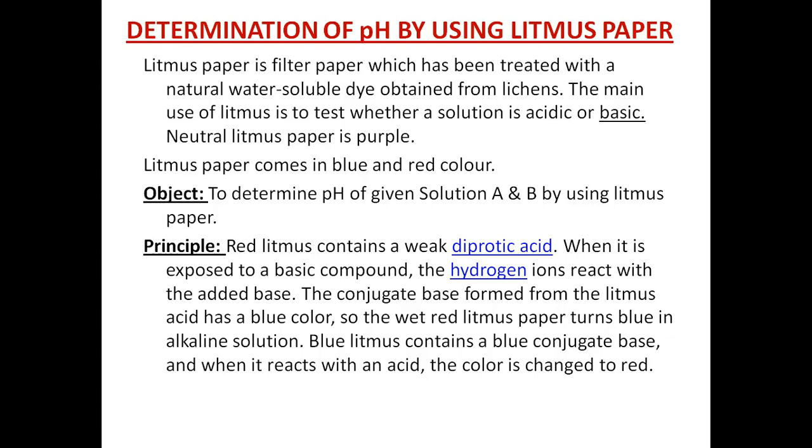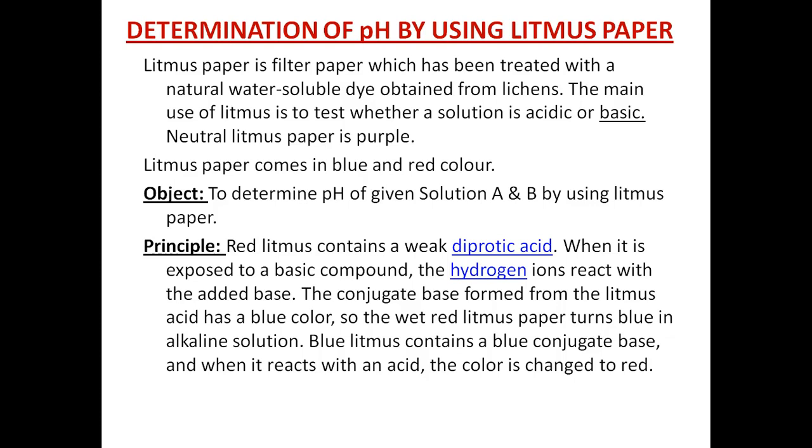So the principle on which litmus paper works is that the red litmus paper contains a weak diprotic acid, meaning it has two hydrogen ions. When it is exposed to a basic compound, the hydrogen ions react with the added base. The conjugate base formed from the litmus acid has a blue color, so the red litmus paper turns blue in alkaline solution.